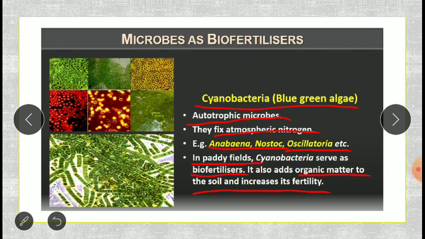Also used for the production of chemicals, enzymes and other bioactive molecules. Then we saw they are used in sewage treatment. And today we also saw how the microorganisms are used in the production of biogas, plus how the microbes are acting as biocontrol agents and as biofertilizers. So this is the lesson, that is microbes in human welfare.